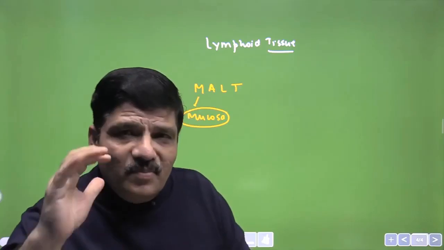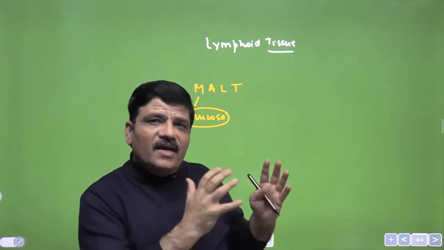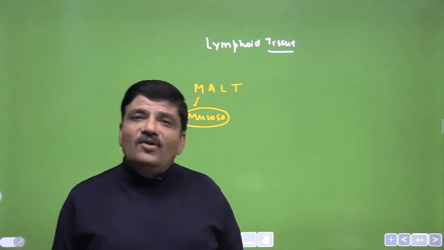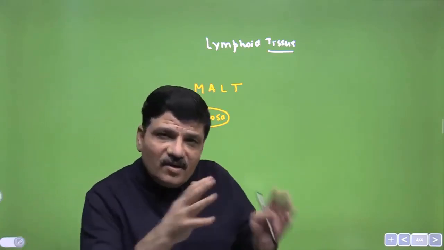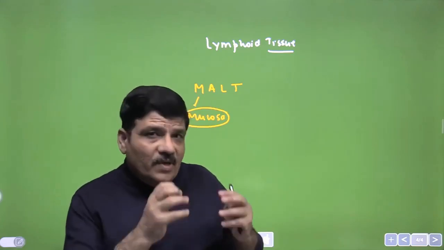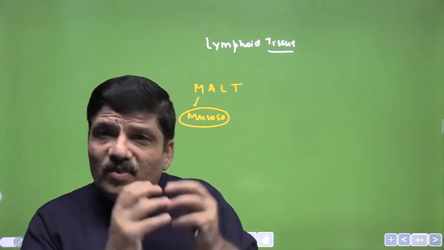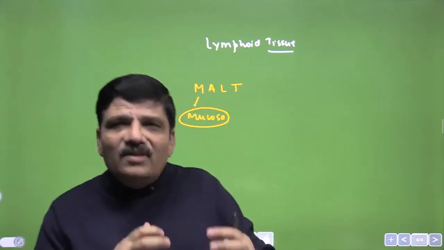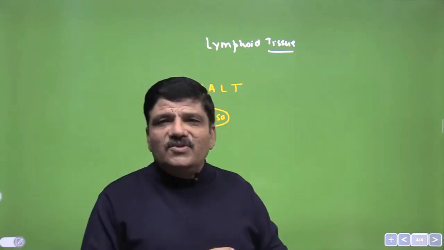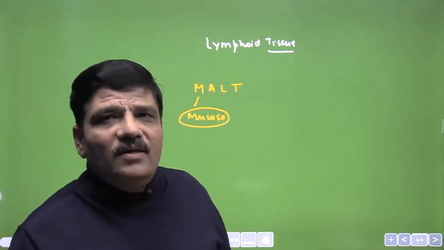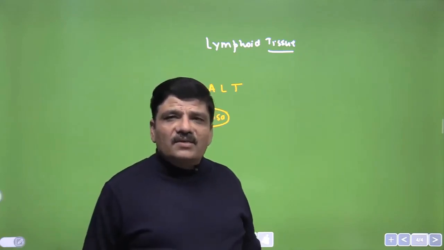And please try to understand, gastrointestinal tract is one important portal for the possible entry of the pathogen. So pathogen can enter through the gastrointestinal mucosa, and therefore it is very important to have some lymphoid tissue present in the mucosa or in the submucosa or in the vicinity of the mucosa, so that they are able to take care of these pathogens which are trying to enter into the body through the gastrointestinal tract.